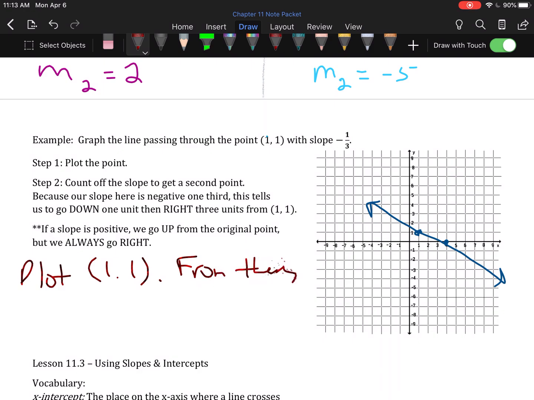From there, count down 1, right 3. That would tell me you know how to plot the point and do that first, and you know how to use a slope. So in terms of a quiz, you'll have to describe to me how you would plot this graph.